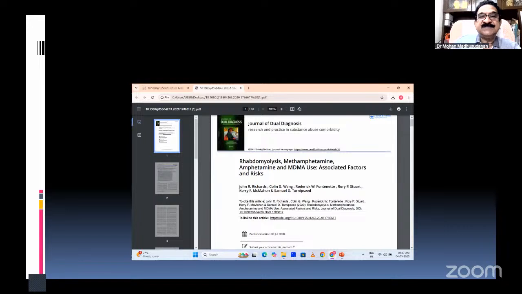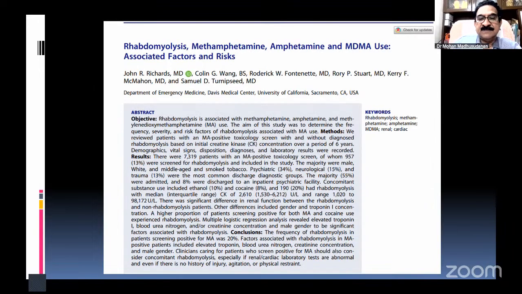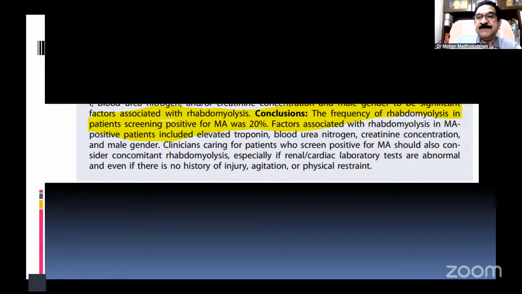So search the literature, you find there is rhabdomyolysis in methamphetamine, amphetamine, MDMA use. And this is the frequency of rhabdomyolysis in patients testing positive, with MDMA around 20%. So that's the story of the patient.